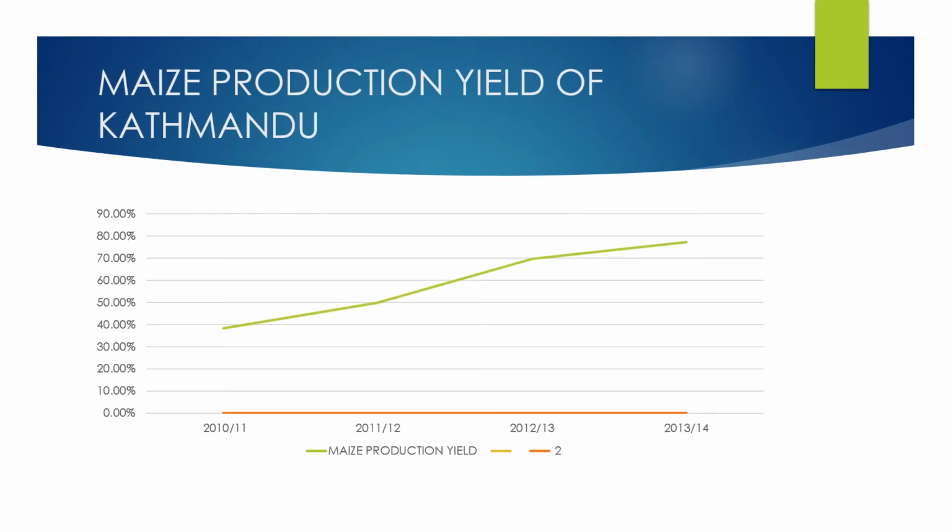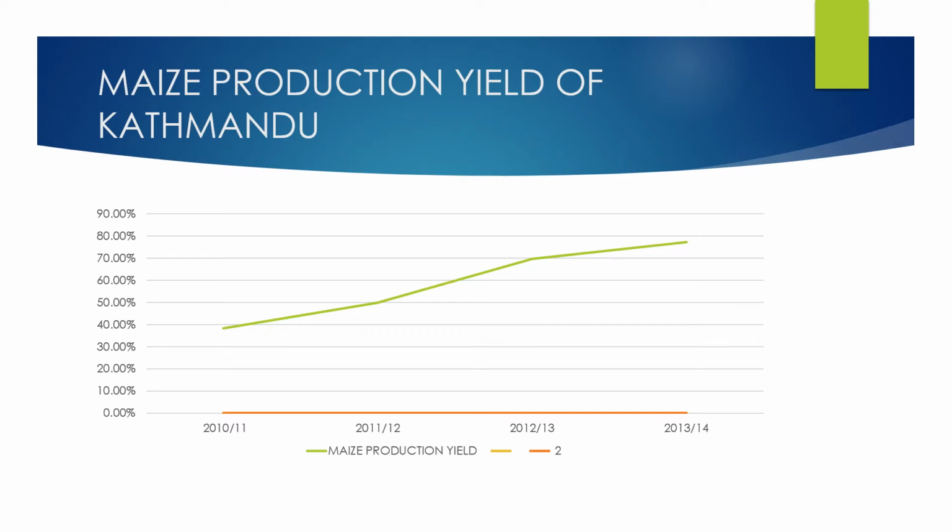In this slide, we can see the graph of maize production yield of Kathmandu district, where in 2010-11 year, the maize production was around 38%, and we can see the green curve rapidly increasing from 2010-11 to 2013-14.